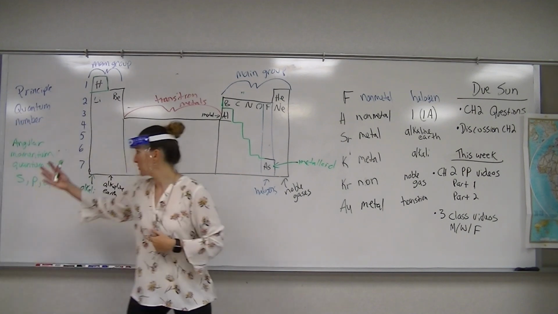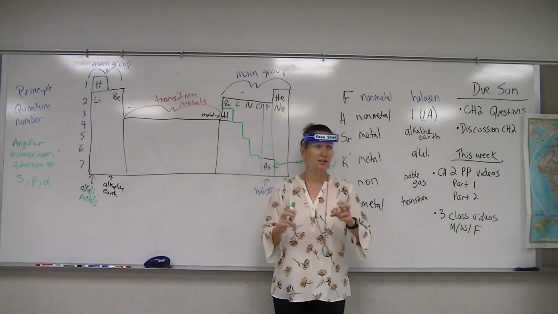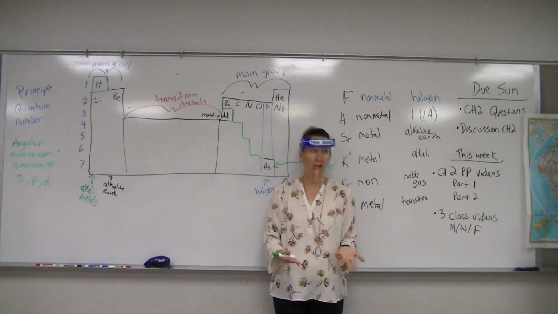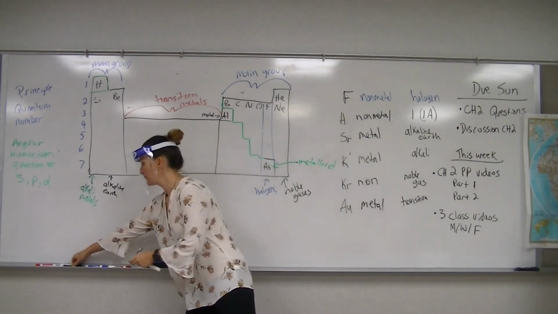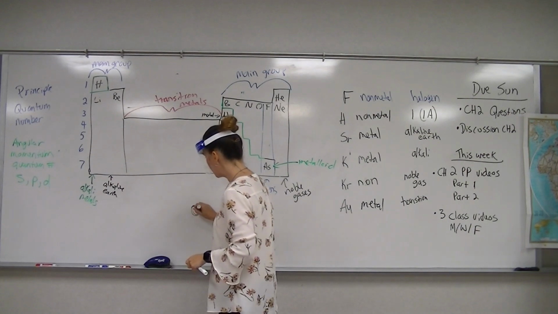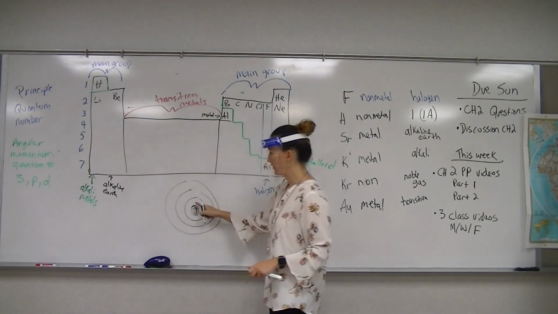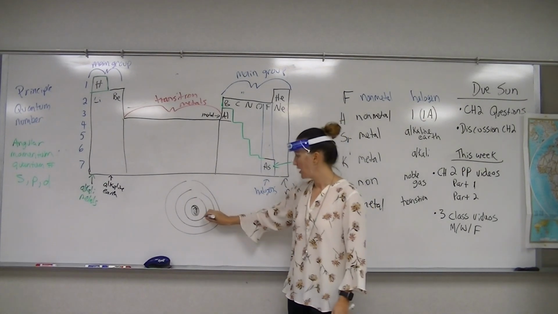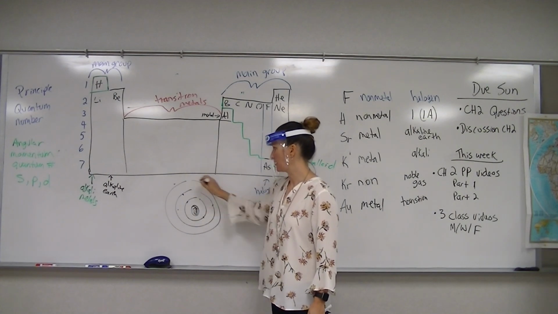So basically what we're doing with these quantum numbers is we're trying to figure out the electron configuration of an atom. What that means is how many electrons does it have and where are they? Okay, because when we looked at the structure of an atom before, remember I said you have this nucleus and then the electrons were somewhere on one of these orbiting circles. Okay, and so what we're trying to do with electron configuration is describe these electrons and where they are.